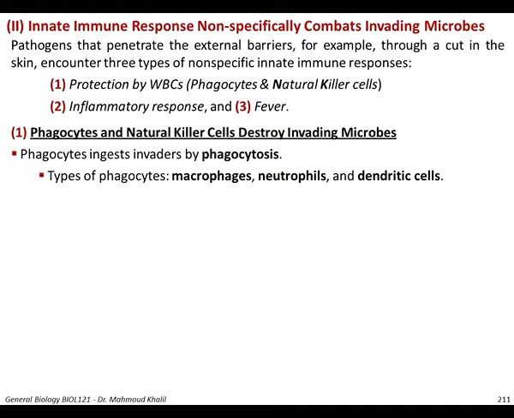So first, NK and phagocytic cells can destroy invading microbes. Phagocytes ingest invaders by a process called phagocytosis. And the types of phagocytes involved in phagocytosis are actually three: macrophages, neutrophils, and dendritic cells.